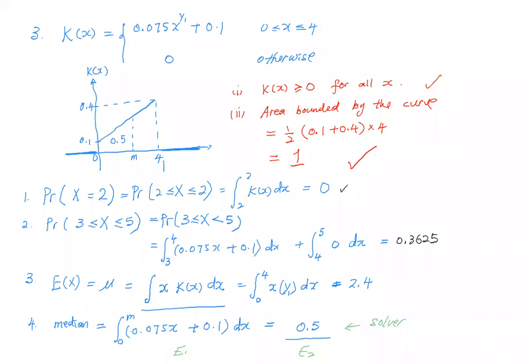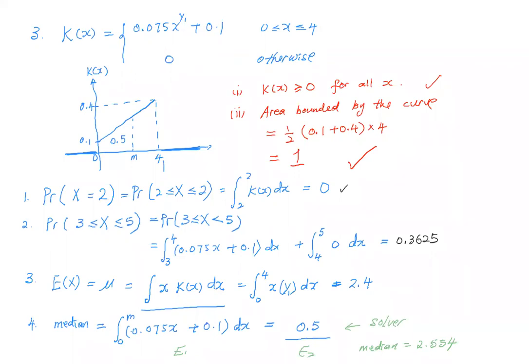So what is the median your calculator gives you? 2.554. You want to check whether that answer is right or wrong? You can go to math, then go to FNINT again and check.